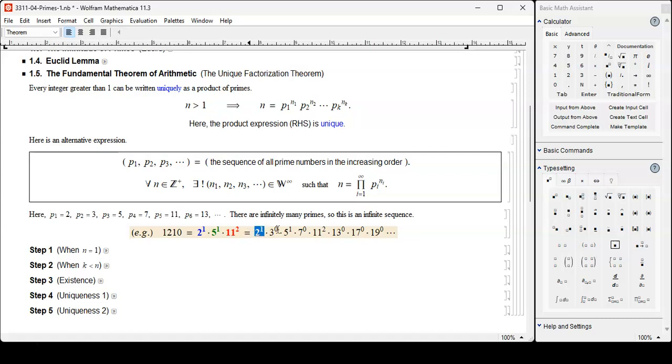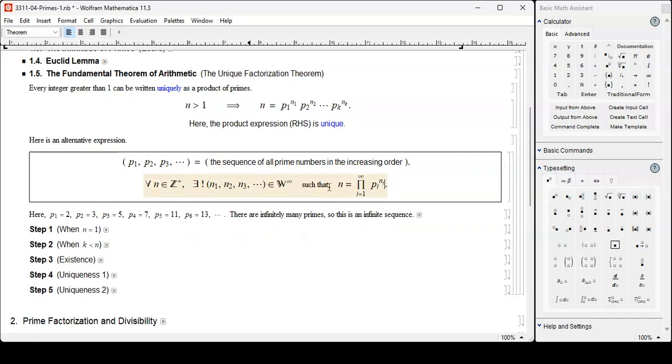Here's the other: 2 to the first power and then 3 to the 0 power and then 5 to the first power, 7 to the 0 power, 11 to the second power, and then from this point on, they're all 0 powers. So what do you get? It's the same thing. It may look like an infinite product expression, but in reality, it's just a finite product.